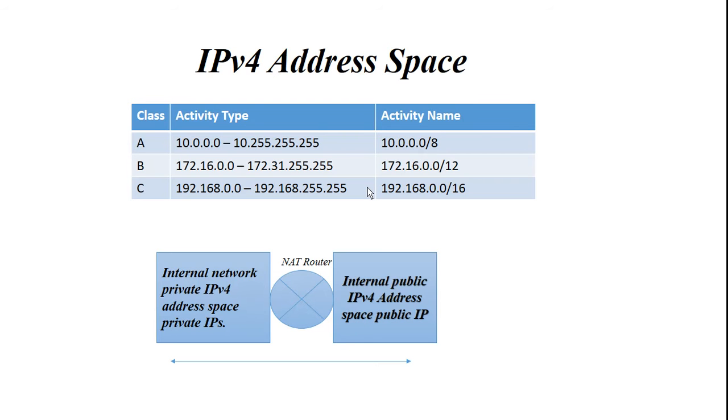Class A is from 10.0.0.0 to 10.255.255.255. The /8 represents that we only use a particular octet in the IP address as the network address, and this is 10.0.0.0.